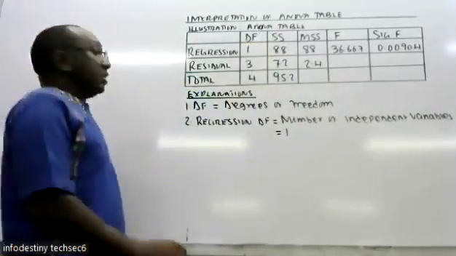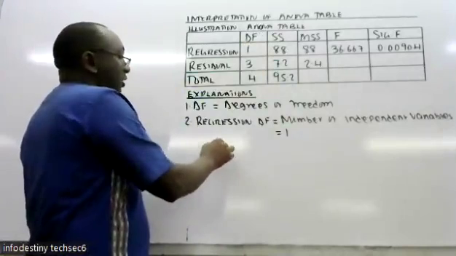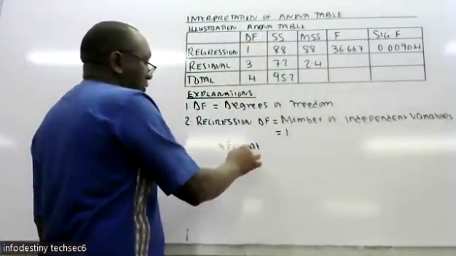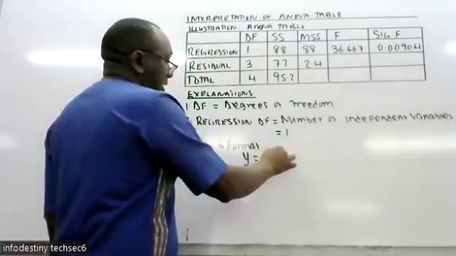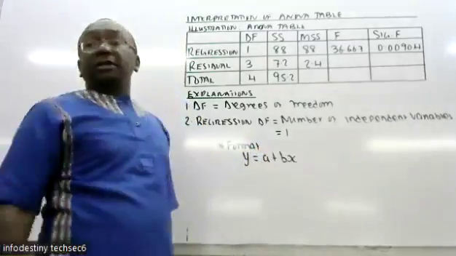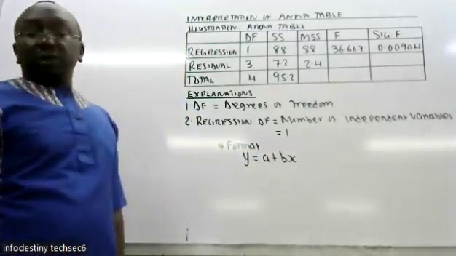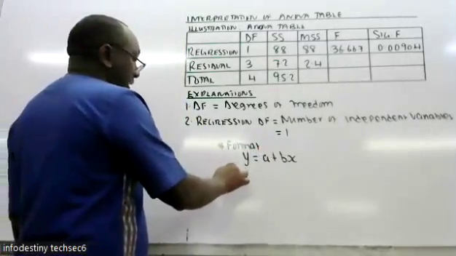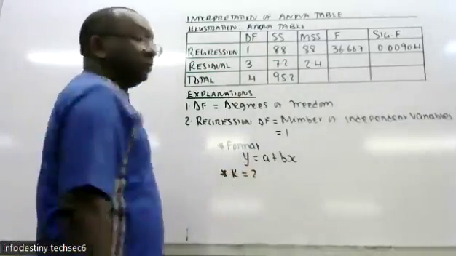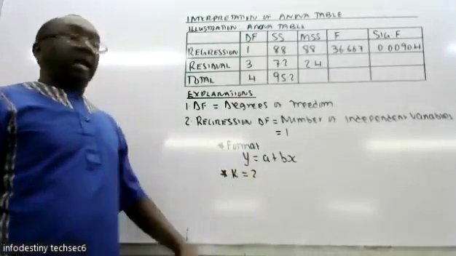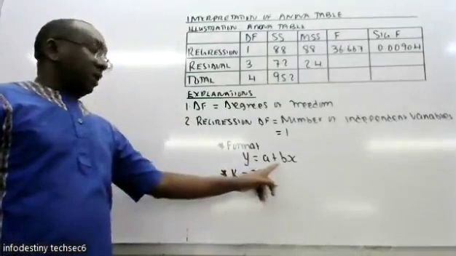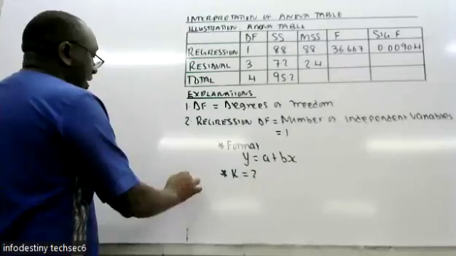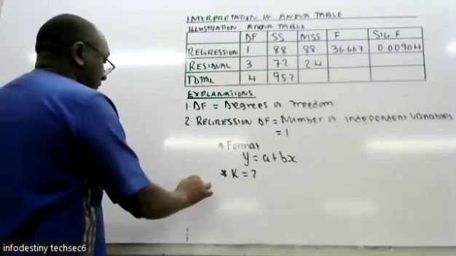And if it is 1, that tells you that you are dealing with an equation whose format is y equals a plus bx, which we called simple. It also tells you that k is 2. You remember what we talked about k? Lazima k is a and b.